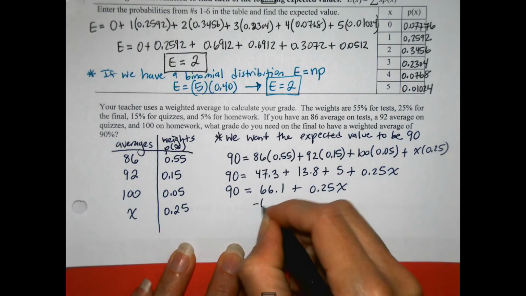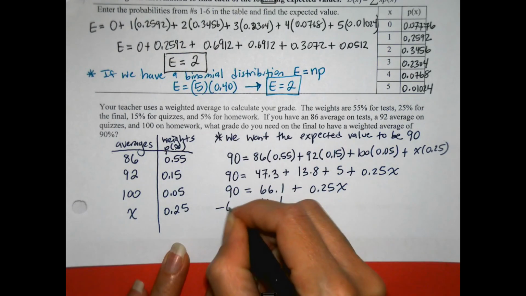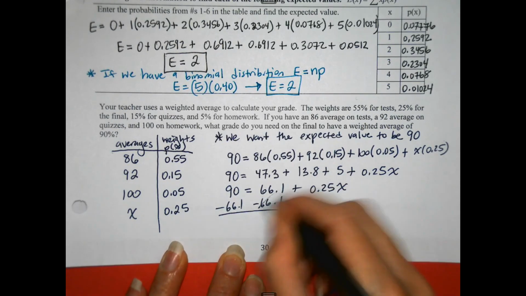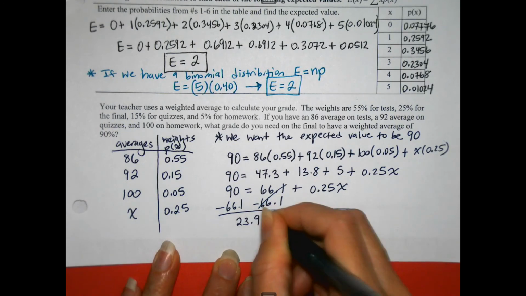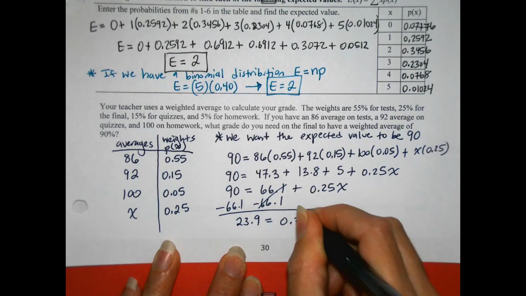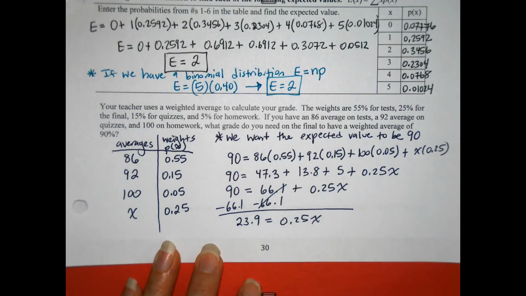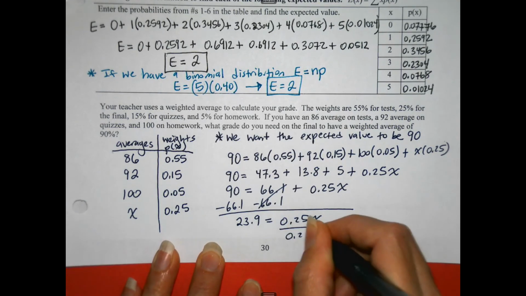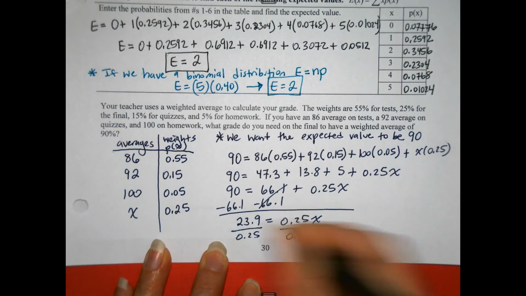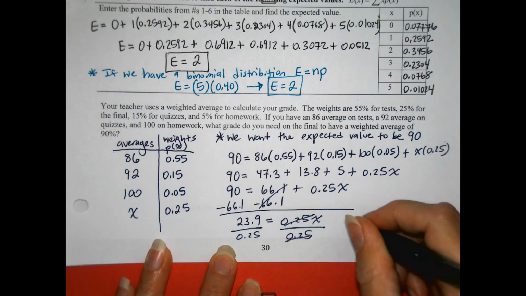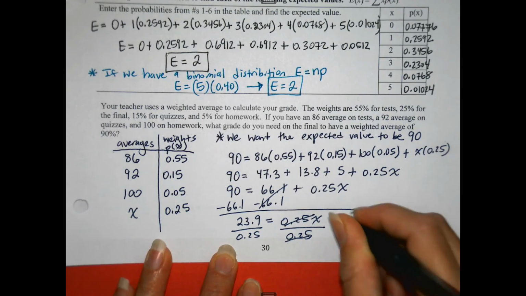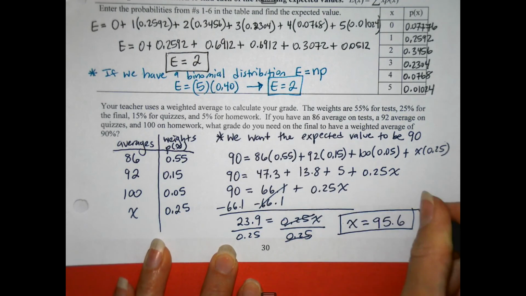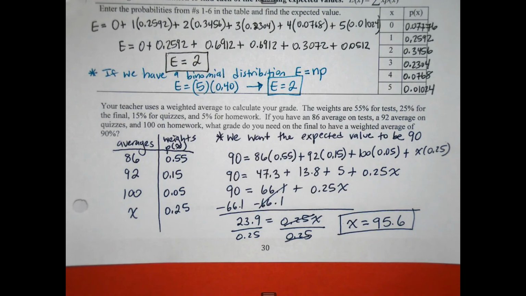I'm going to then subtract 66.1 from both sides. I have 23.9 is equal to 0.25x. And I divide by 0.25 to find out that x is equal to 95.6. You need to get a 95.6 to get an average of 90%.